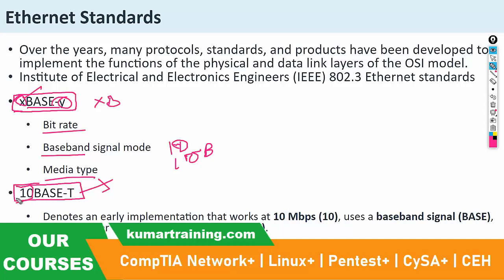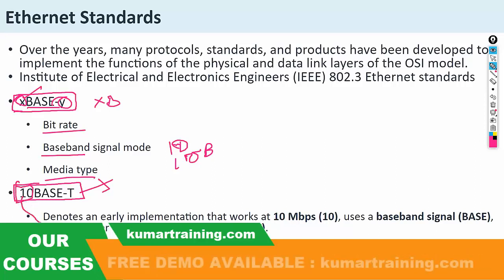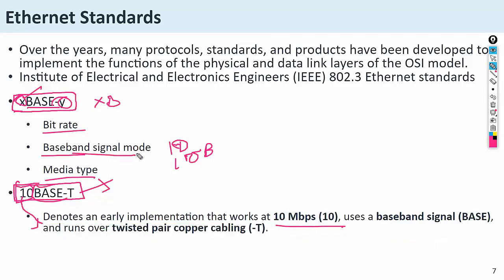10 defines the speed, which is 10 Mbps. Base means baseband signal mode, and T is defined for twisted pair copper cable.